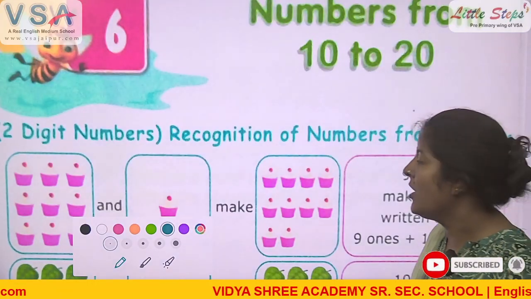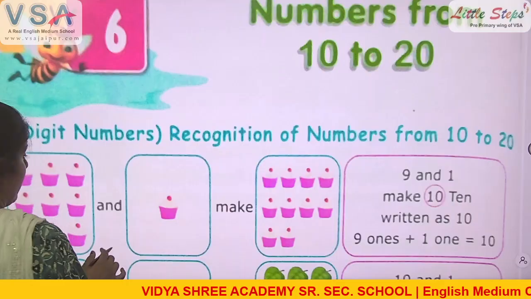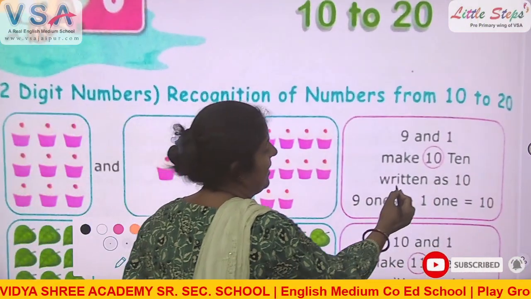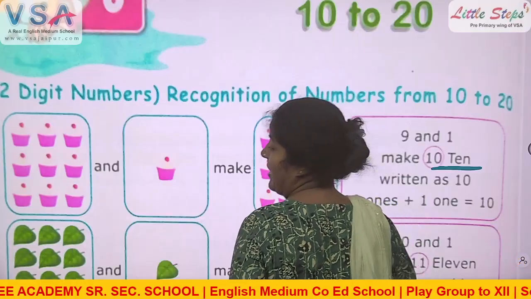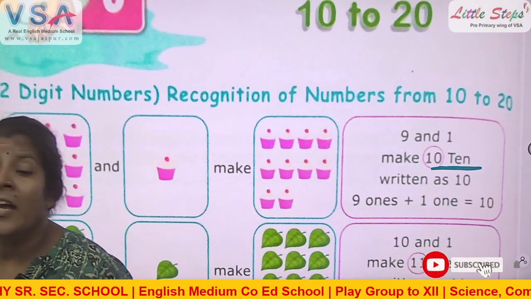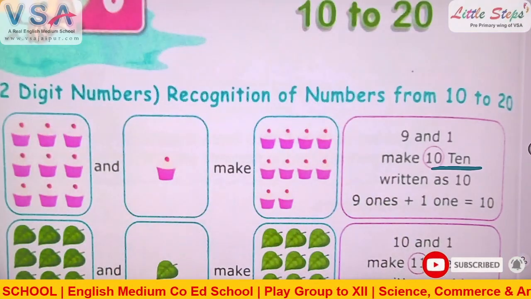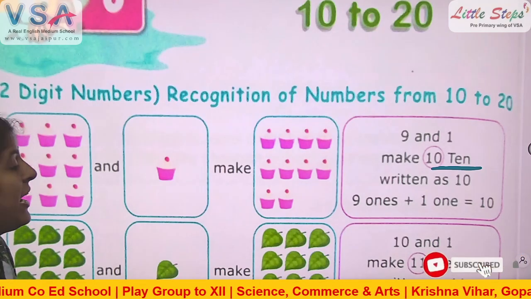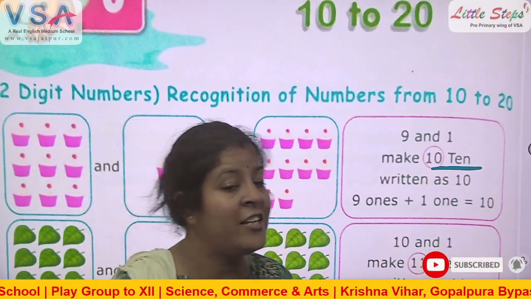And what is the spelling of 10? T-E-N. If we add 10 plus 1, we get the number 11.